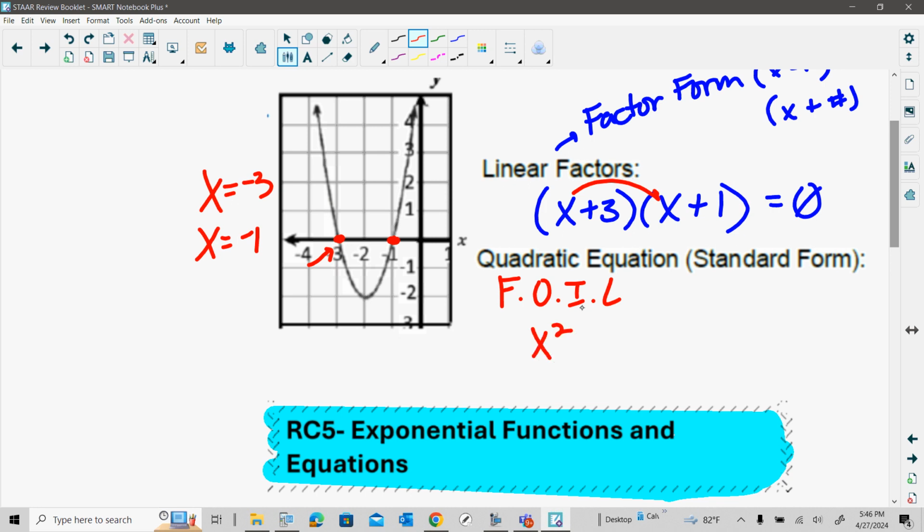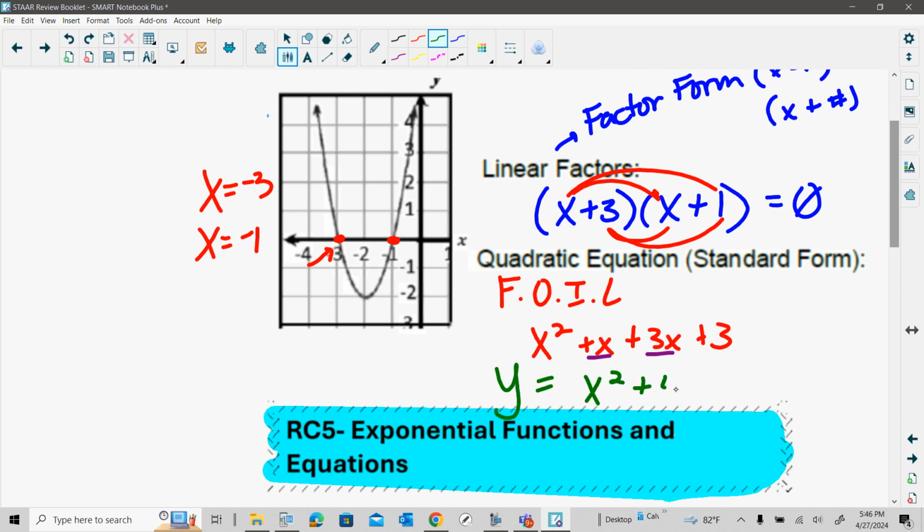So that is x squared. Outer terms, that is just an x. Inner terms, that's 3x. Last terms, that's 3. And we want to simplify this. So now we're just combining these like terms here. So standard form here will be y equals x squared plus 4x plus 3.